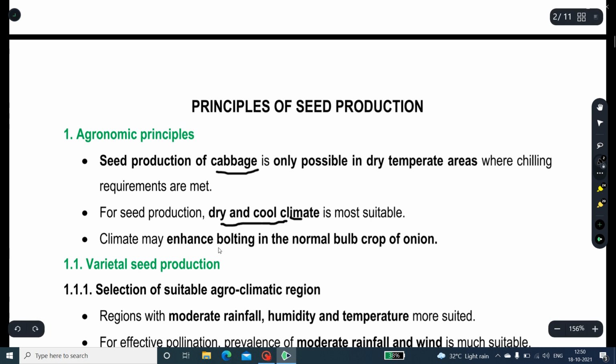Climate may enhance bolting in the bulb crop onion, and photoperiod also affects bulb crop and seed production in onion. Like climatic factors, production and post-harvest technologies also play a major role in quality seed production. Hence, proper strategies are to be planned for quality seed production, especially in horticultural crops, particularly vegetable seed production.